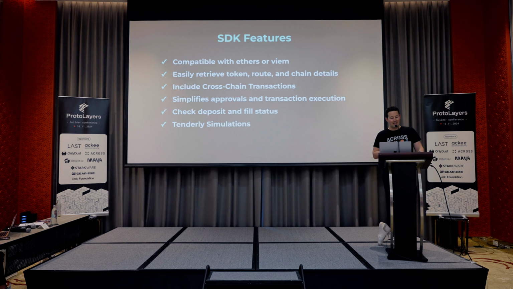We include logos for the chains and the tokens and all that stuff, so it makes it really easy to add new chains. We've made it seamless to include cross-chain transactions, and I think another big one is you don't have to worry about approvals or some of the manual stuff before. If the user doesn't have an allowance on the Across contract, approval is prompted before the actual bridge transaction.